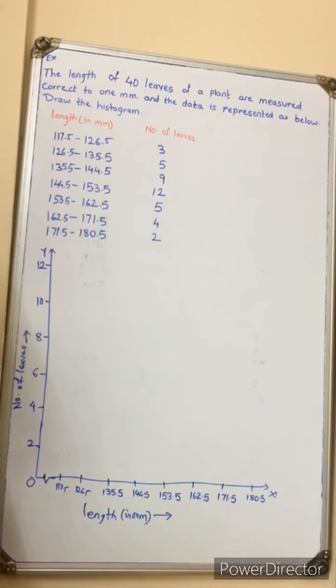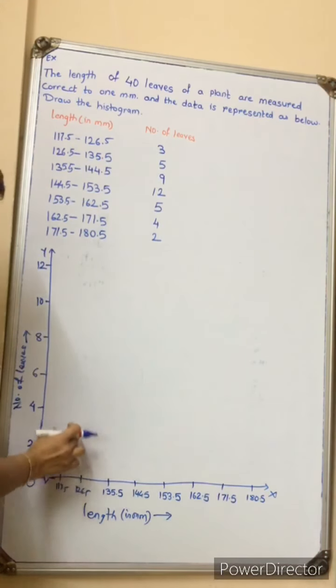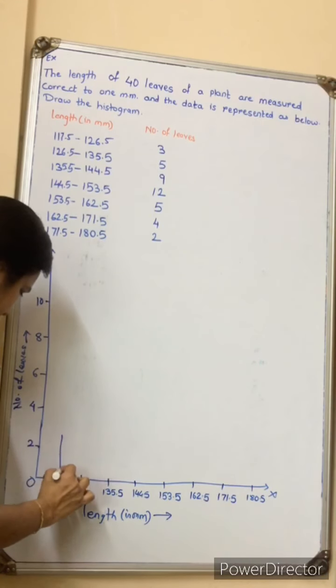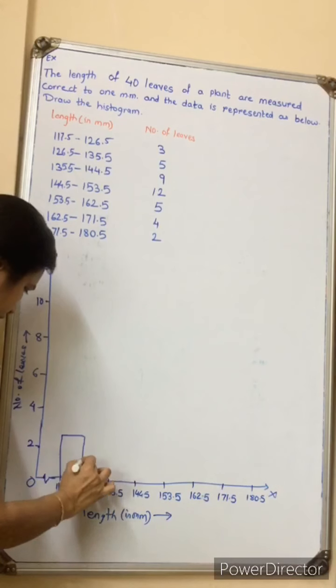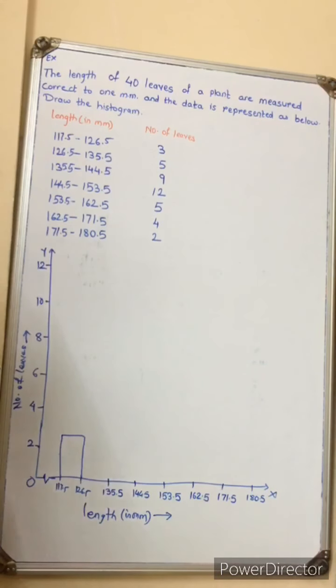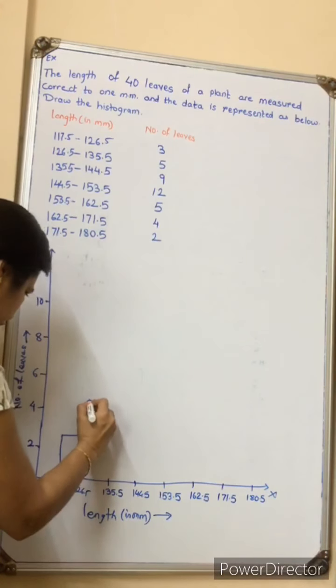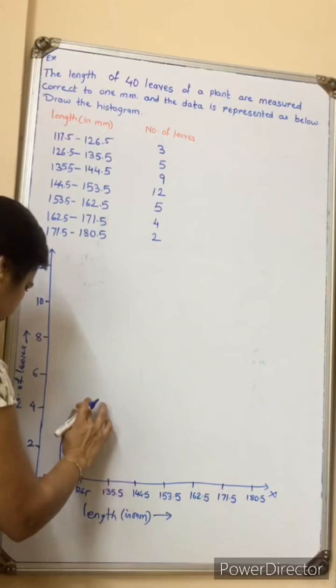Draw a bar. For the first you have 3, in between 2 and 4 you have 3. The graph should be properly drawn. Next for 5, again in between 4 and 6 there is a 5.